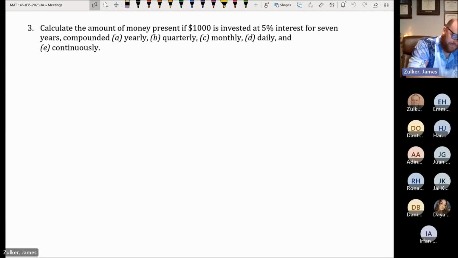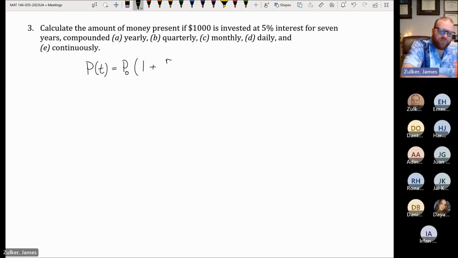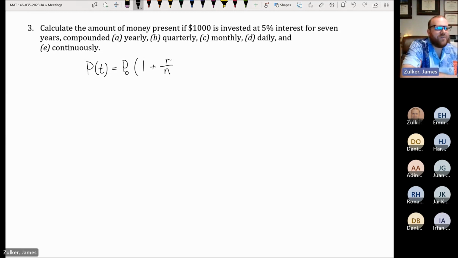What we will find is that the amount of money you have in an account at some time t is equal to P naught, your initial amount in the account, also known as your principal, times 1 plus the yearly rate of growth divided by the number of times per year that your interest compounds, then raised to the nt.